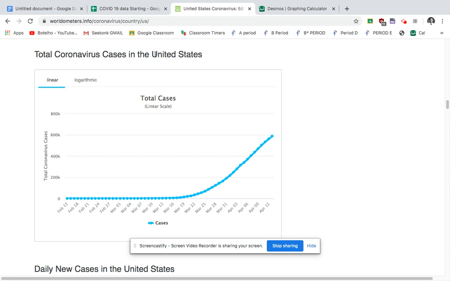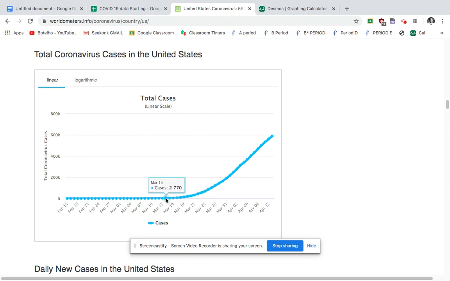Again, that means total cases. So that includes all the cases that are still active and the cases that are no longer active, but it just keeps a running total of every case that's happened. So as you can see, it is increasing here, and this is what it looks like.